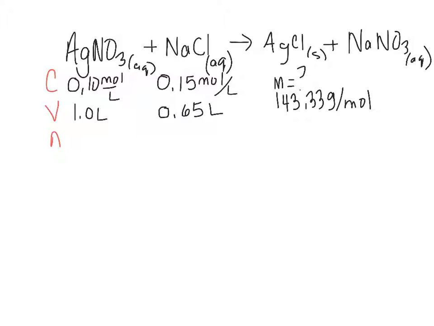You still have to figure out moles. You still convert to moles of product, figure out which one is smallest, and then you can calculate your theoretical yield. So, N is going to be equal to C times V. So let's figure out our moles of silver nitrate and our moles of sodium chloride.